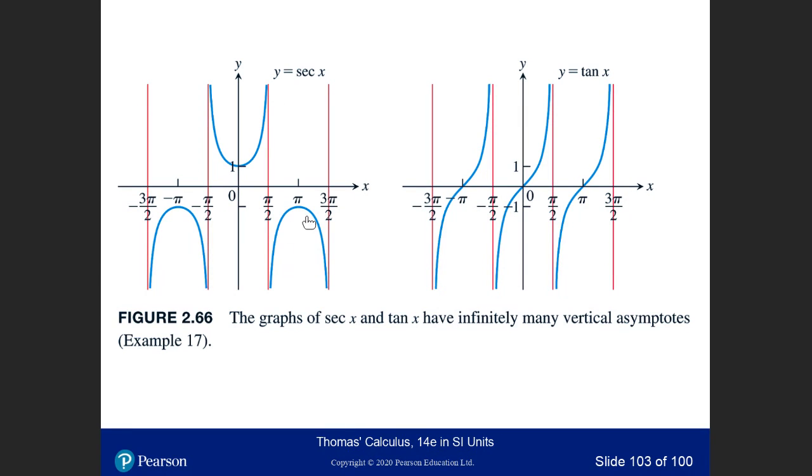But if you approach pi over 2 from the right-hand side, what happens? You go to minus infinity because cosine is negative for angles greater than pi over 2. And 3 pi over 2 also, that's the same thing. So these have an infinite number of vertical asymptotes.